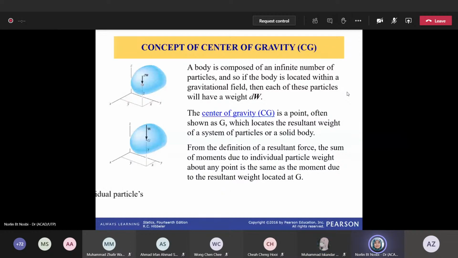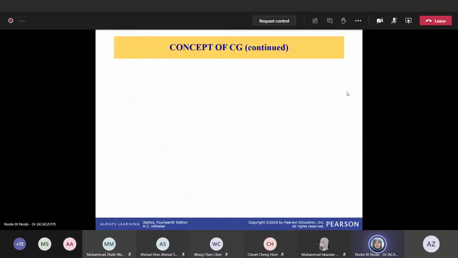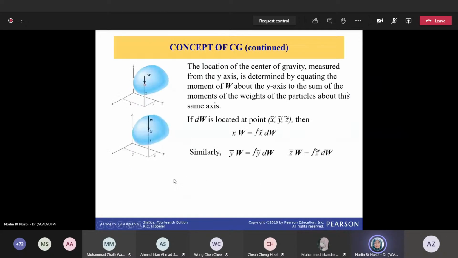Now we will look at the concept. Okay, you all know this body has a center of gravity. The location of this CG, or the center of gravity, you can label it as X tilde, Y tilde, and Z tilde. So this is the location.